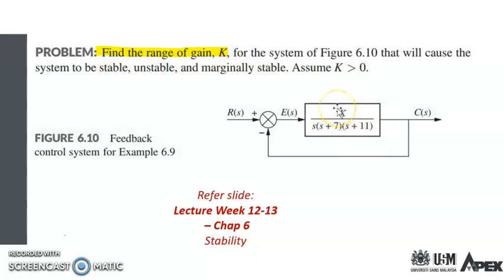Once you choose a certain number for K, the system can be stable, unstable, or marginally stable. If you want to find out these cases, stable, unstable, and marginally stable, basically you have to do the RH criterion.